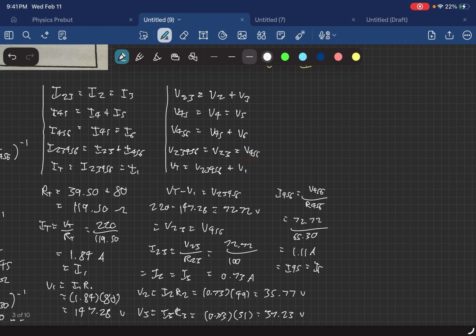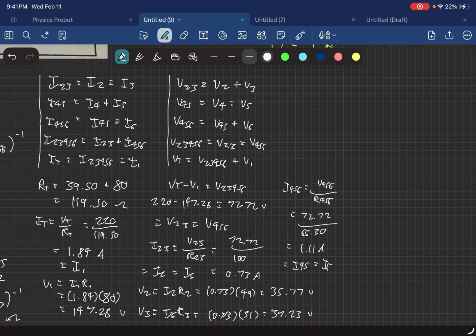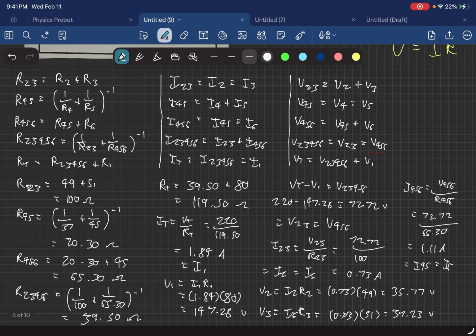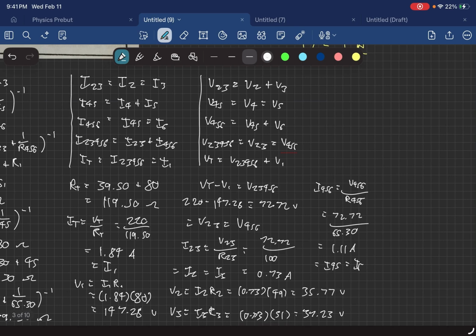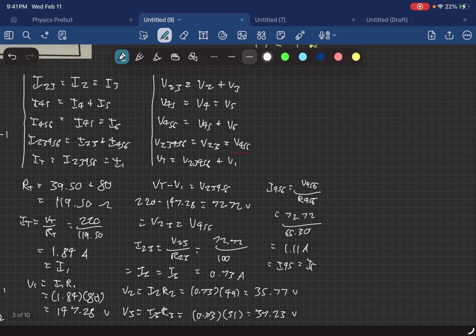And so this is very important. We have our I45, and if we have I45, you already know that we have the resistance value, R45. We can get V45, and V45 is equal to V4 and equal to V5. So let's solve for that.